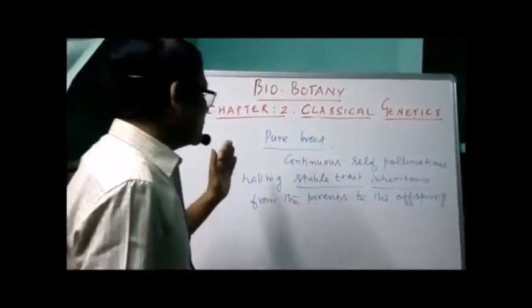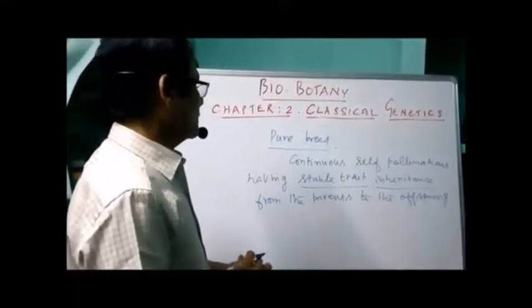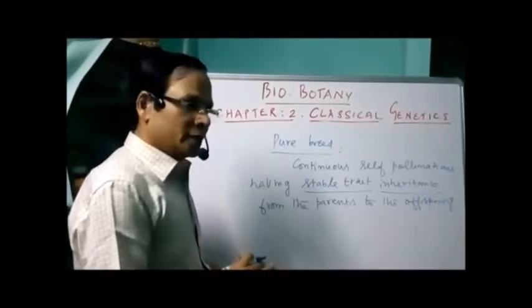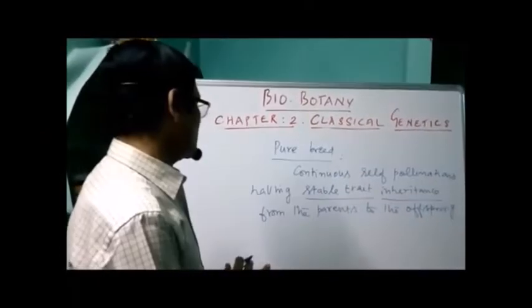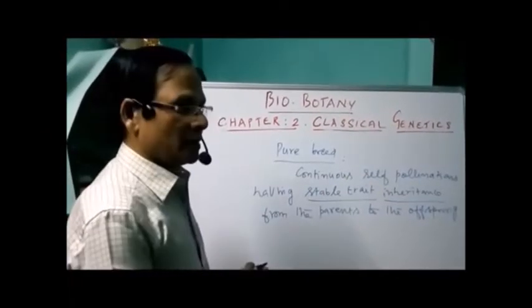So a pure breed is an organism which has undergone continuous self-pollinations, having stable trait inheritance.